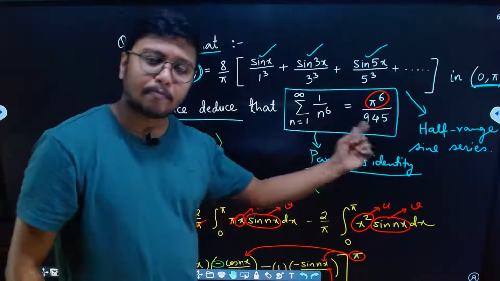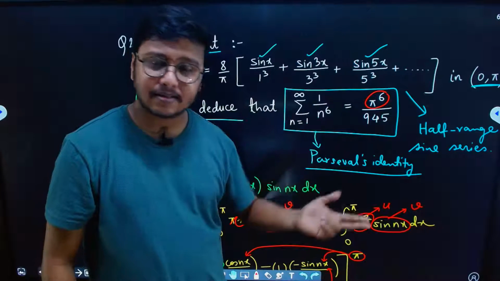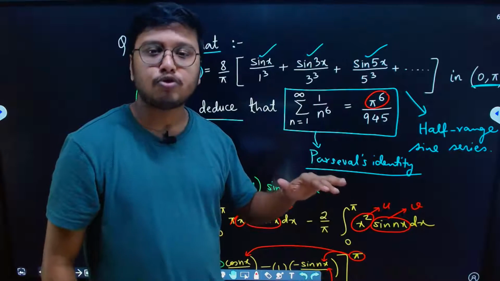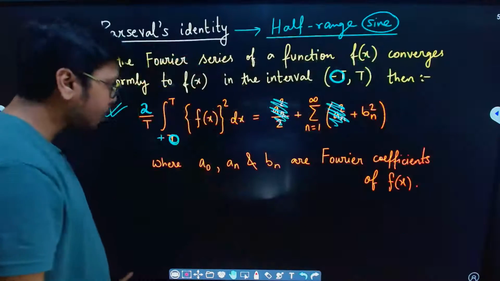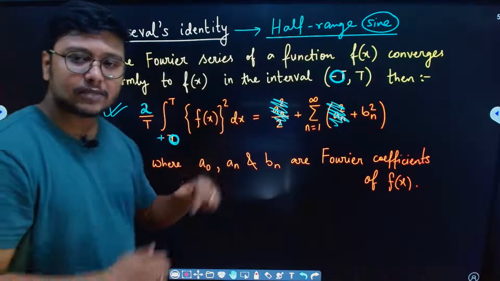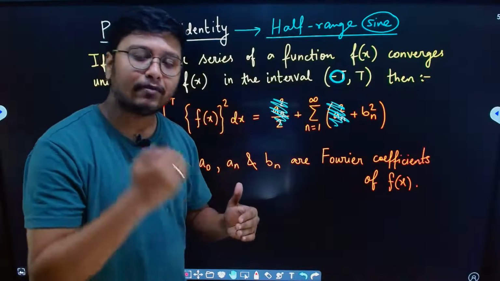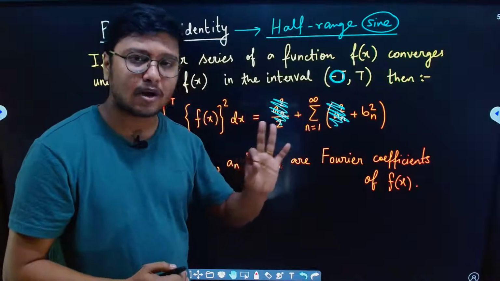Okay, if the pi power is exactly 2 or less than 2, you cannot use Parseval's identity to get that answer, because the function is becoming a whole square. The moment the function is becoming whole square, the pi power will definitely be more than 2. Okay, this is one observation.